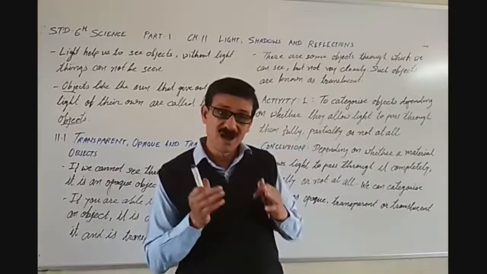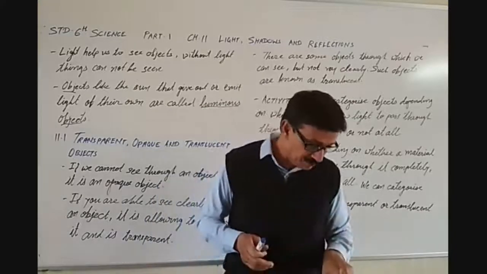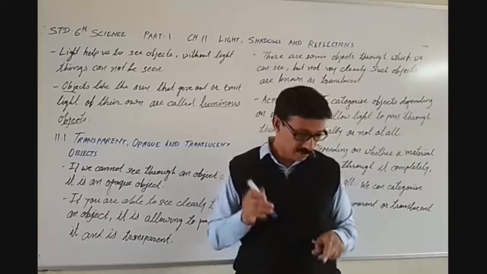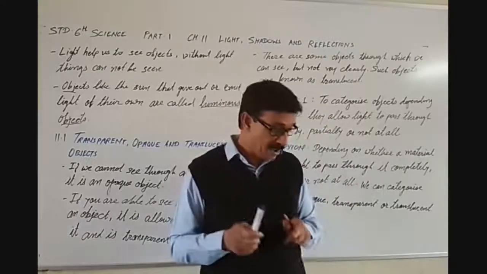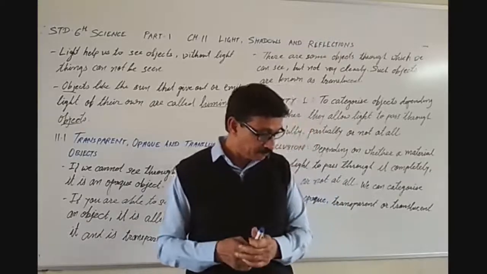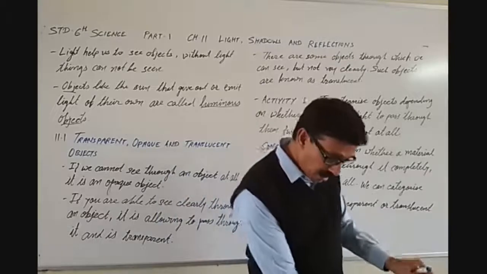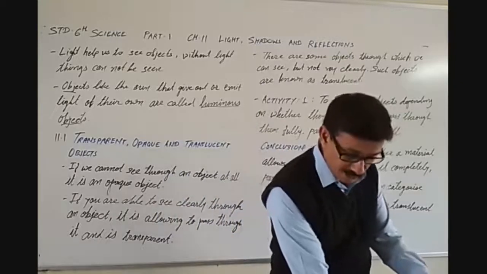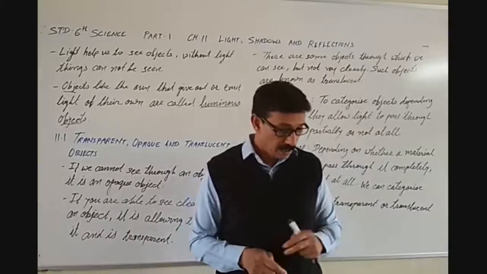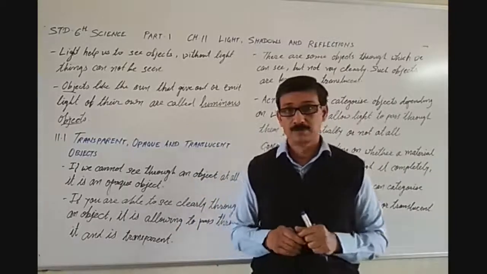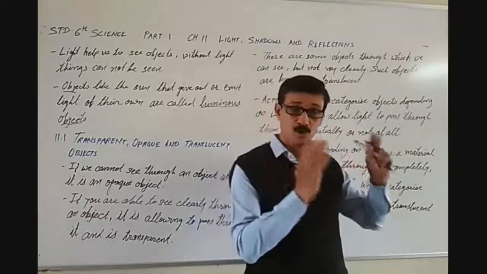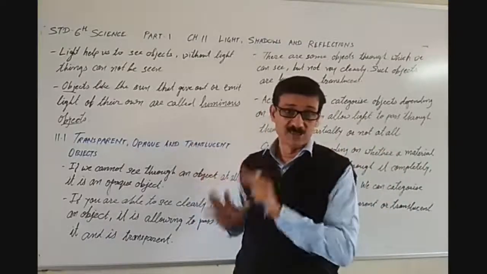So let's now understand what are transparent, opaque and translucent objects. See, recall our grouping of objects as opaque, transparent and translucent. In chapter 4, we already grouped the objects as opaque, translucent and transparent objects.